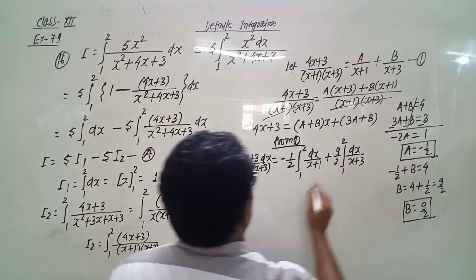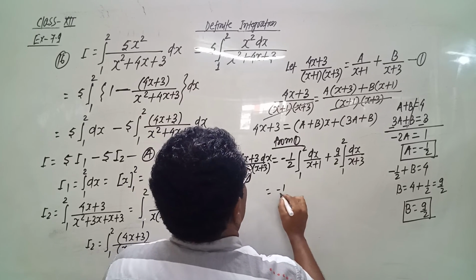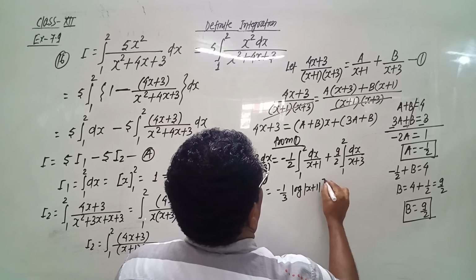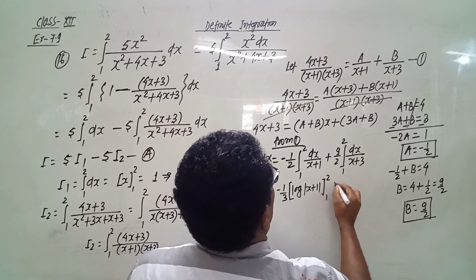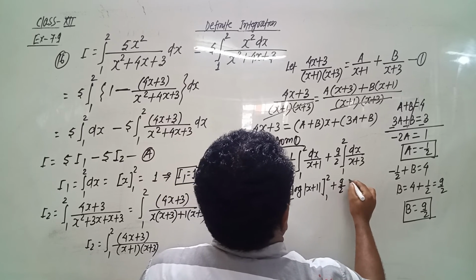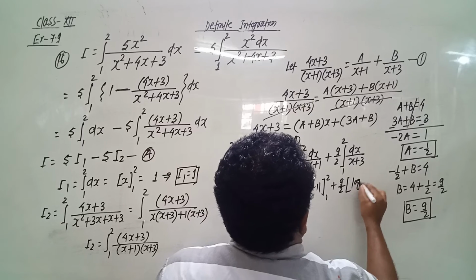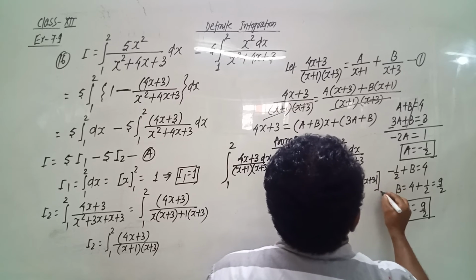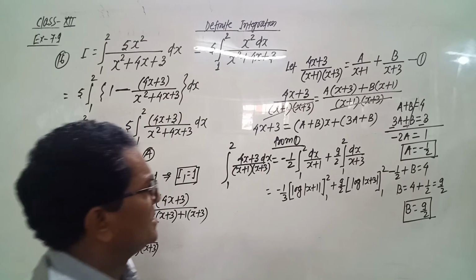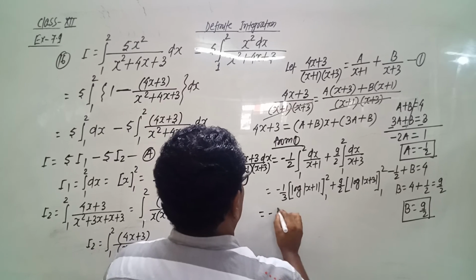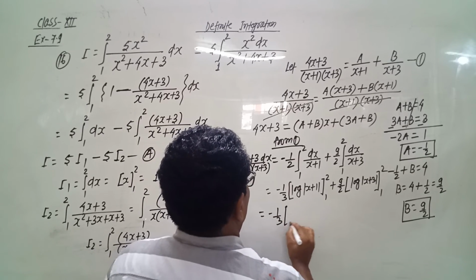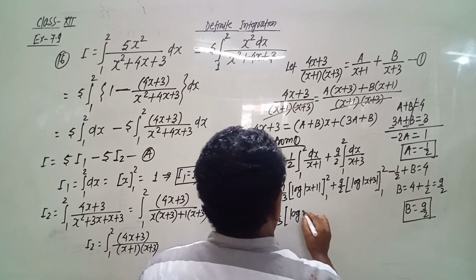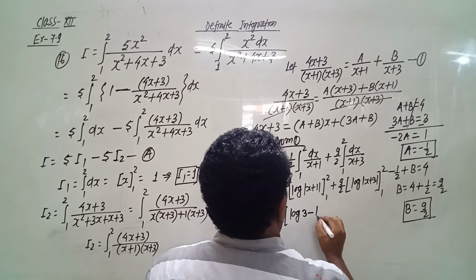Then we integrate, so minus 1 by 2 log of x plus 1 with limit 1 to 2, plus 9 by 2 log of x plus 3 with limit 1 to 2. Now put the limits. So we get minus 1 by 2 and log of upper limit 2 plus 1, that is log 3, minus lower limit log 2.